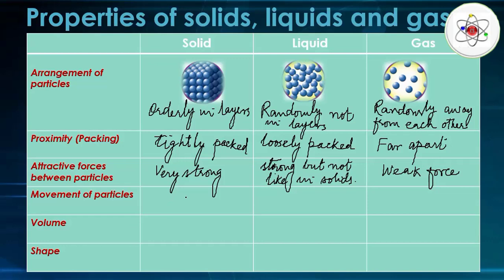Movement of particles: as you know there are no spaces in solids, so particles will obviously vibrate or oscillate about a fixed position. So we can write vibrate about fixed position, right? And in liquids, particles move over each other, slide past each other.